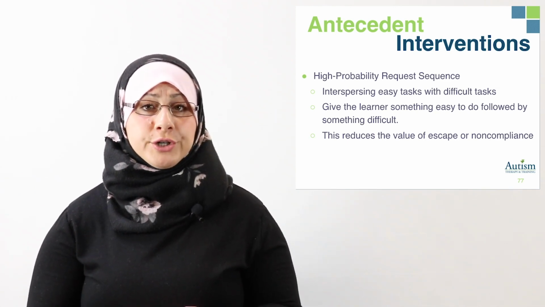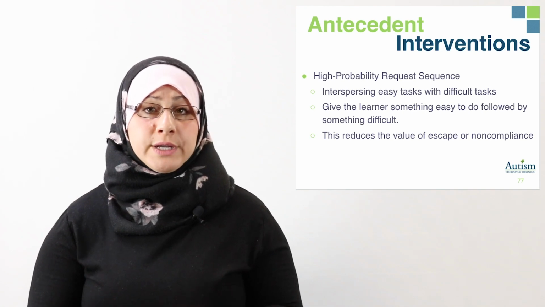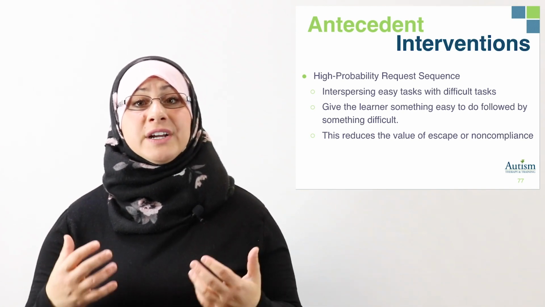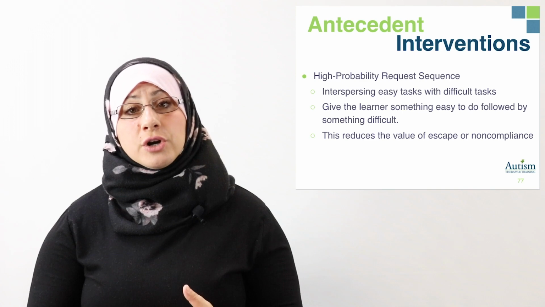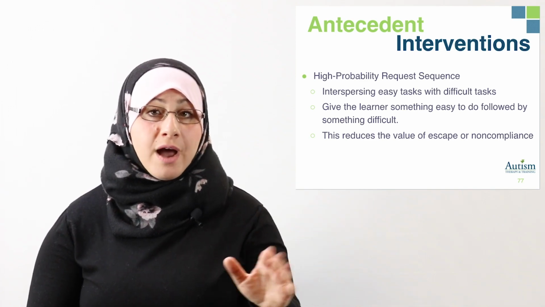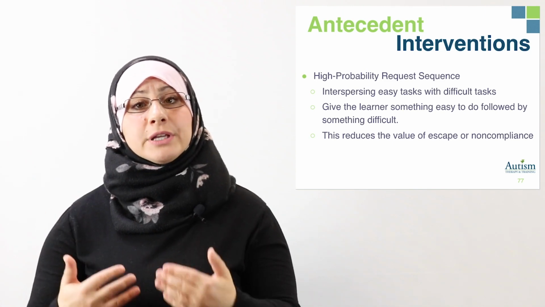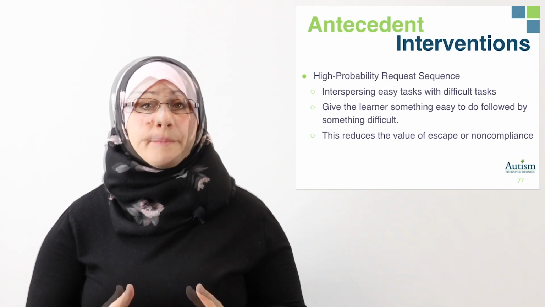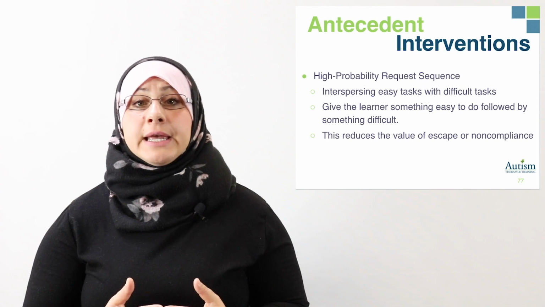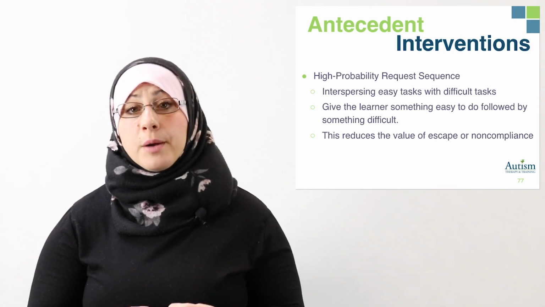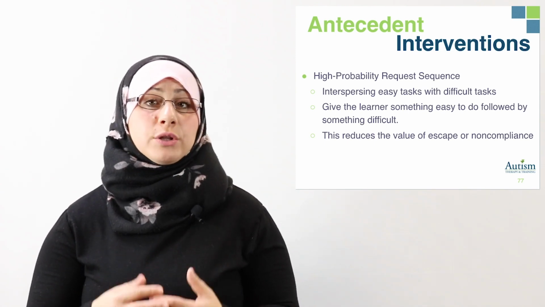Imagine you told your learner to clean up all their toys. They might find that to be a very difficult task. So you can start off by slowly saying, give me a high five, give me the car, put the car in the bin, and you build up slowly, and then you can say clean up. Something important to keep in mind is when giving instructions, high probability are the ones that are known to the learner.